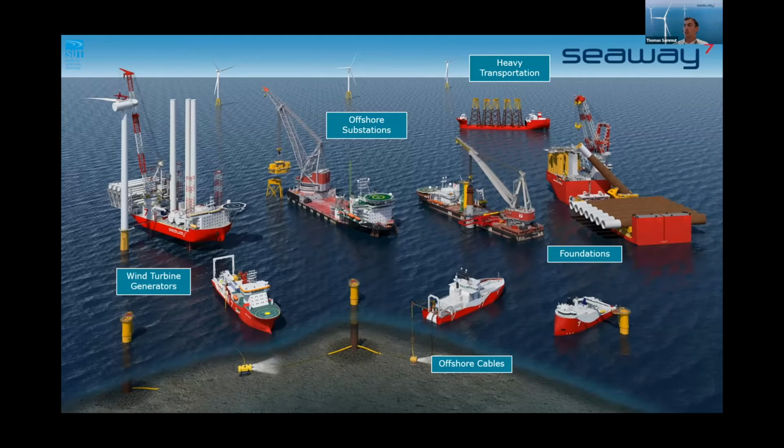If I give you a bit of an explanation of the fleet, looking at the bottom, we've got our offshore cable installation vessels and support vessels. They can install inter-array cables and complete all the pull-ins for basically hooking in the foundation to the grid.